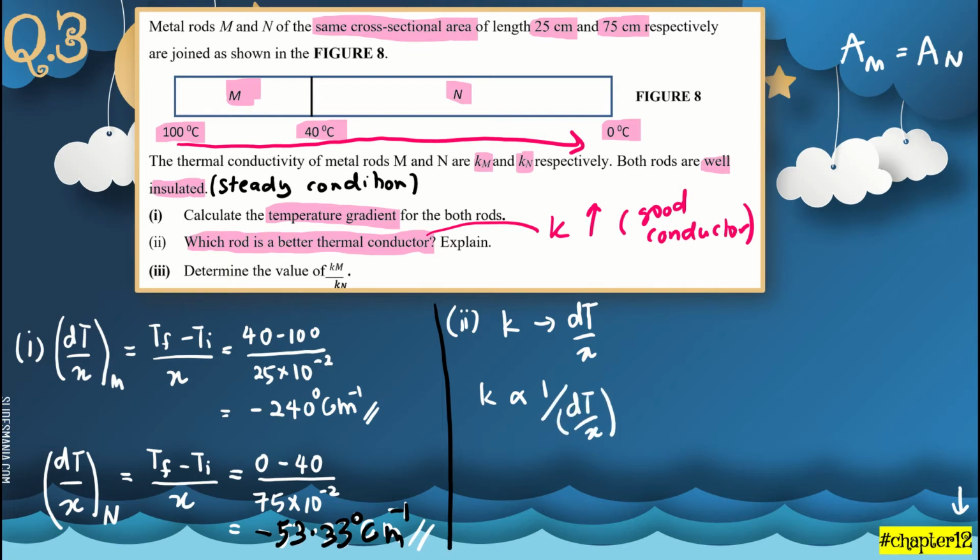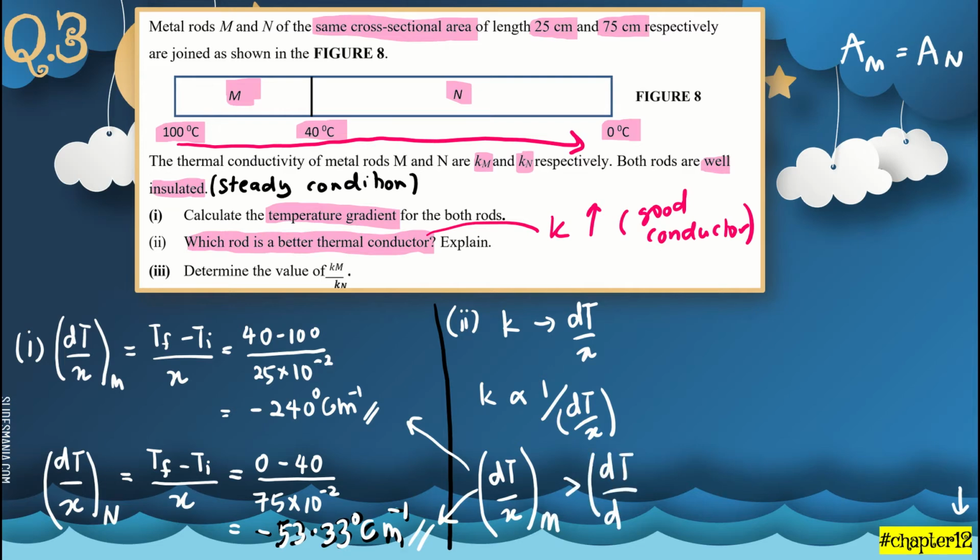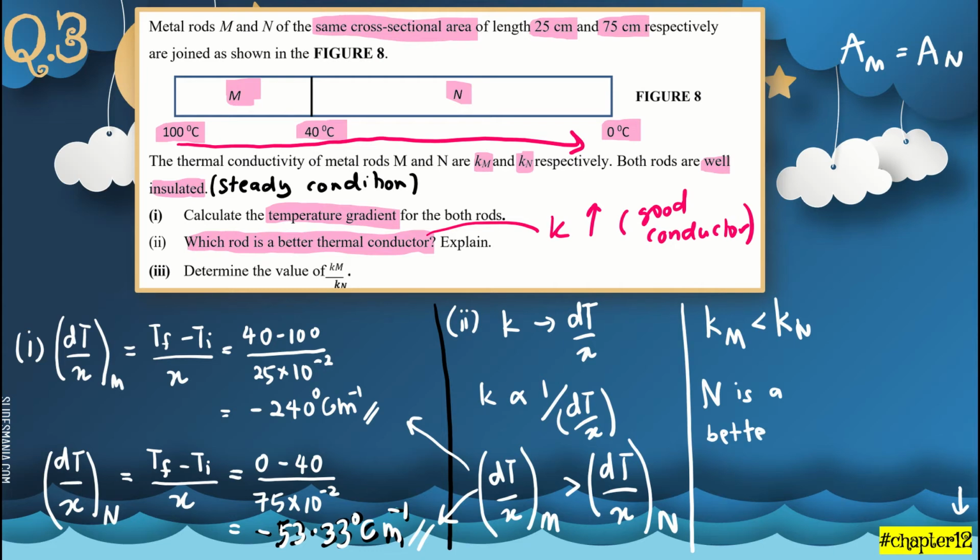From the first question, we can see that dT over S, the temperature gradient for object M, is bigger than the temperature gradient for object N. This means that K for object M is less than K for object N. So the answer is N is a better conductor.